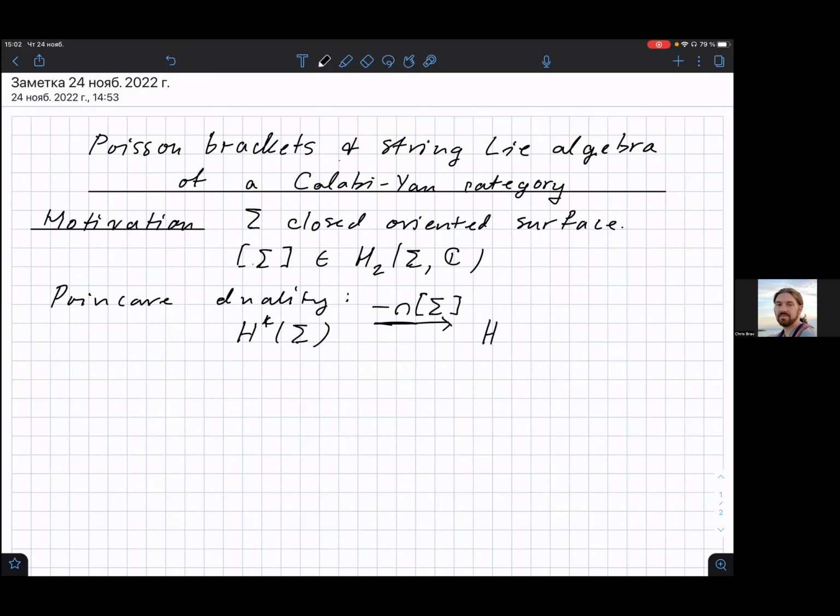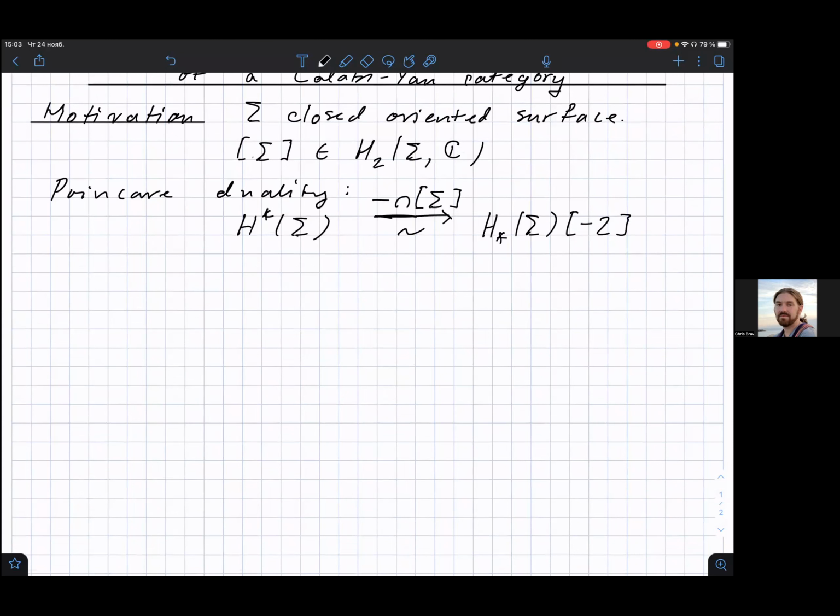This gives a map to homology shifted up 2 degrees. And this is an isomorphism. So this is one way to state Poincare duality. More generally, I'll have a version of this with local coefficients. So I'll come to that in a moment.